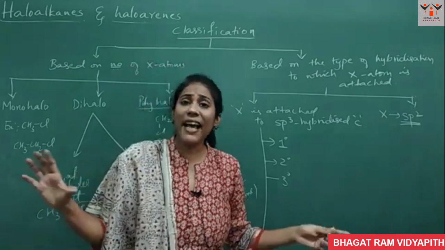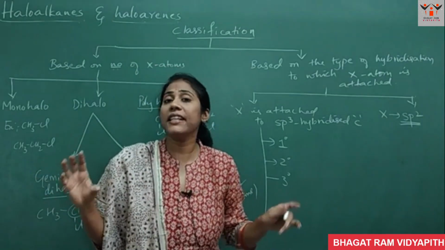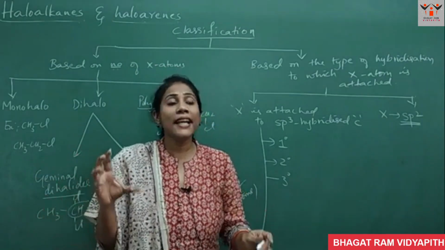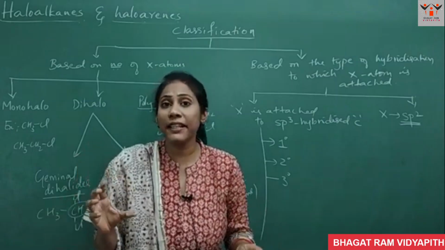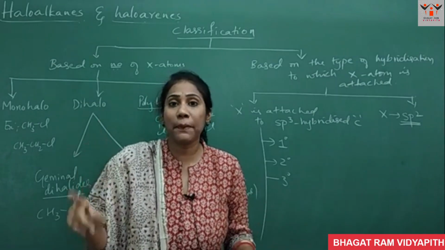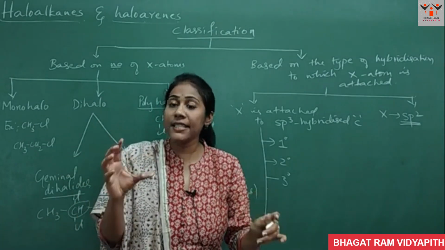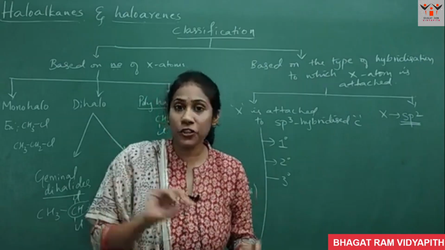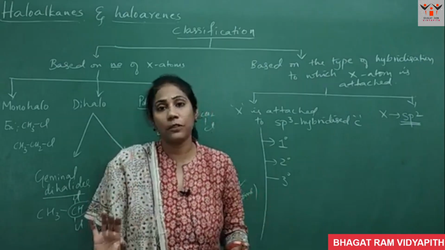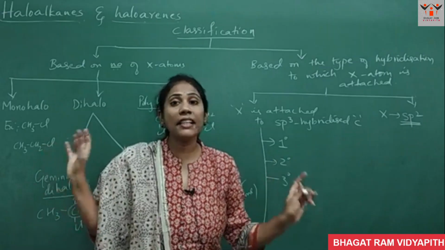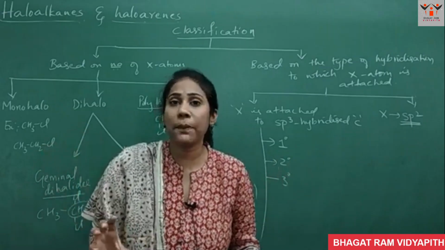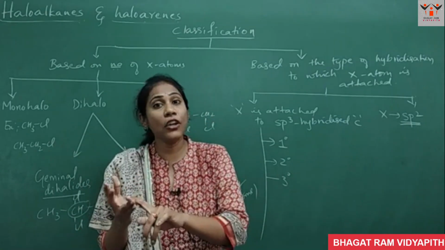If you don't have an idea about primary, secondary and tertiary carbon, I have covered this in 11th chemistry, the chapter Basic Principles of Organic Chemistry. The playlist link is provided in the description. You can just go and check it out. To understand class 12 organic chemistry chapters, you should know class 11 organic chemistry.